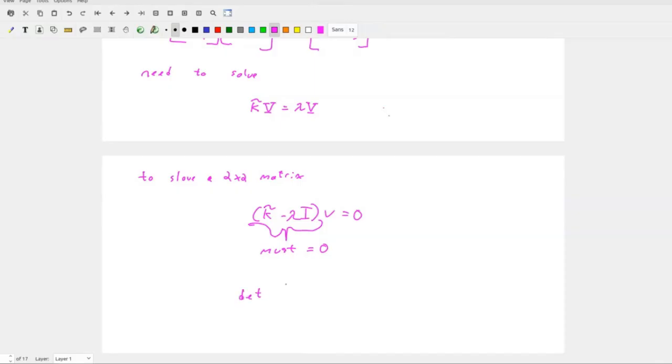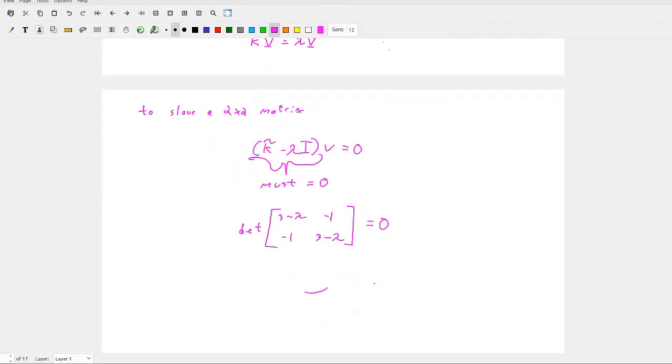So my determinant of 3 minus lambda, negative 1, negative 1, 3 minus lambda must equal 0. Remember, A times D minus B times C gets us a characteristic equation that looks like lambda squared minus 6 lambda plus 8 is equal to 0.